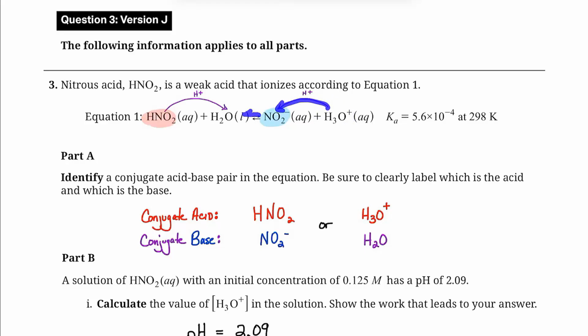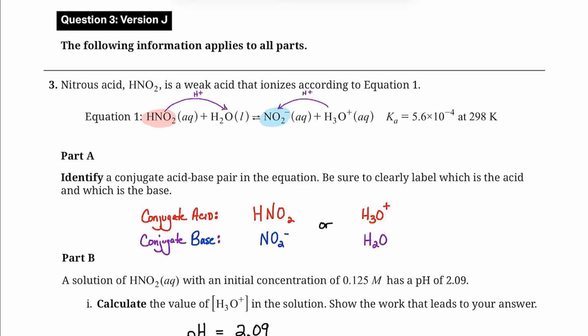That's why you see double arrows here. So one conjugate acid-base pair would be HNO2, which becomes NO2 minus as it proceeds left to right. As it donates a proton, it becomes a chemical that has one less H, and that's what a conjugate acid-base pair is. So this is one answer you could have given.